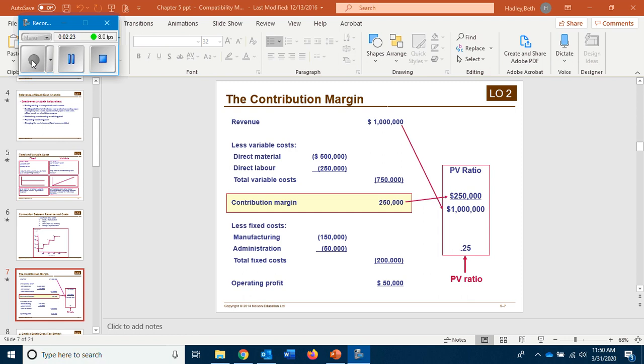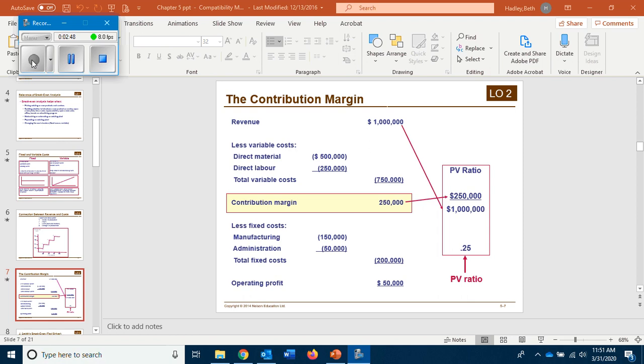That gives us a total variable cost of 750,000 and a contribution margin of 250,000. Remember, the contribution margin is the amount that we have after paying our variable costs that can contribute to covering our fixed costs.